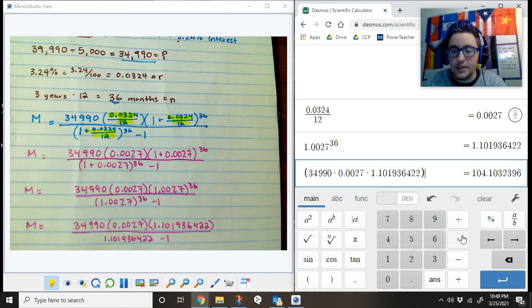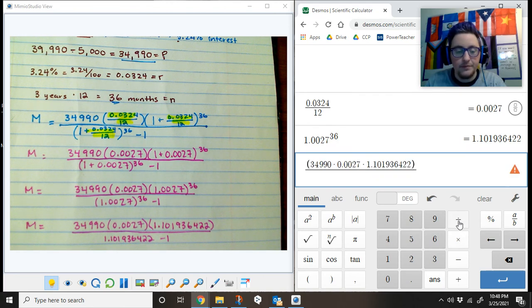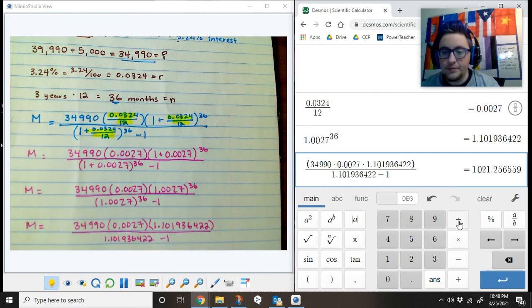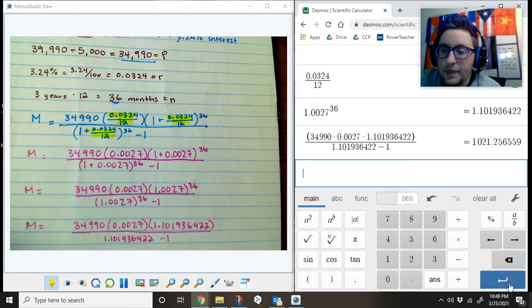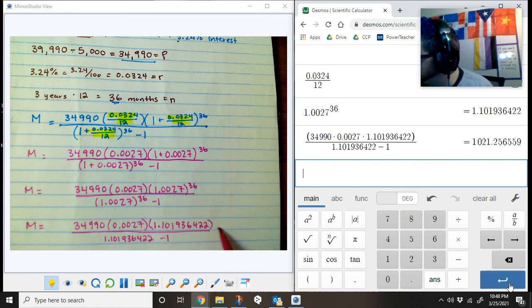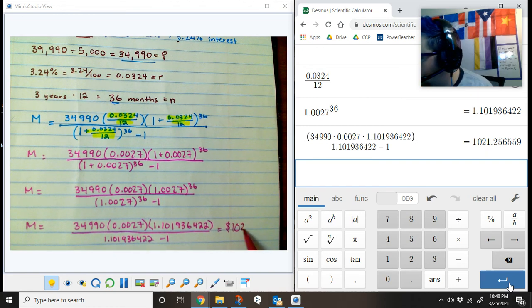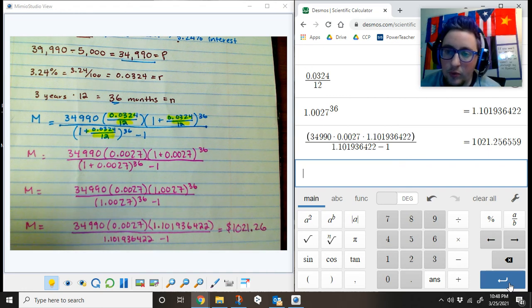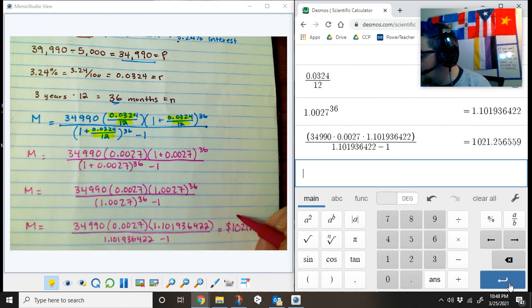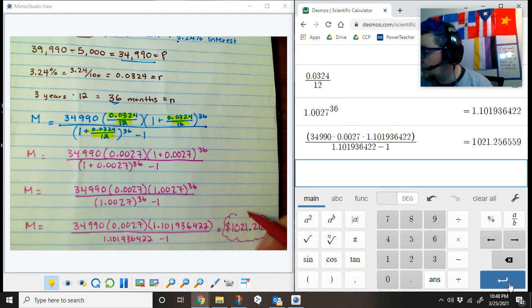And then to divide, you could just hit this divide key and it'll make it into a fraction. And on the bottom, I have 1.101936422 minus 1. And I get my answer. It says my answer is $1,021.26. Well, it says 256, but you can round that to 26 cents. So that is what I think my monthly payment is going to be.